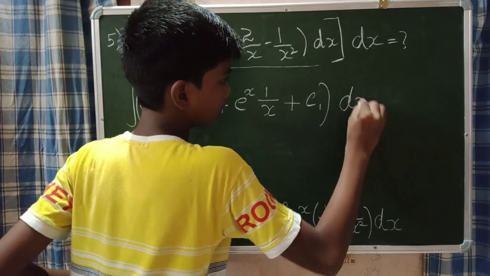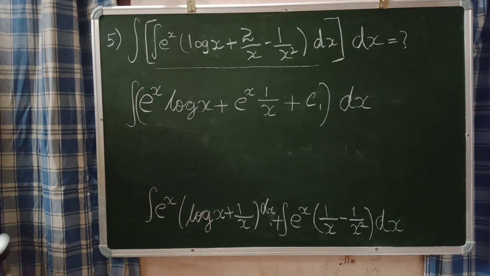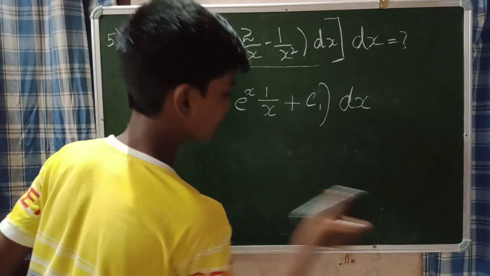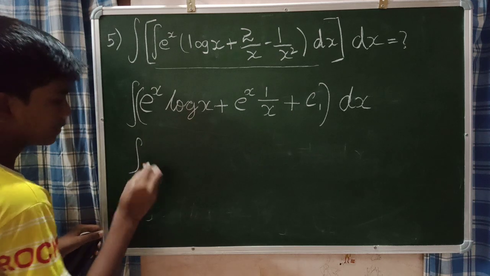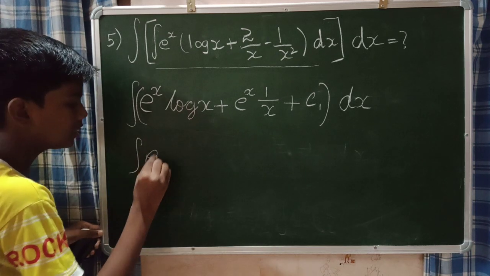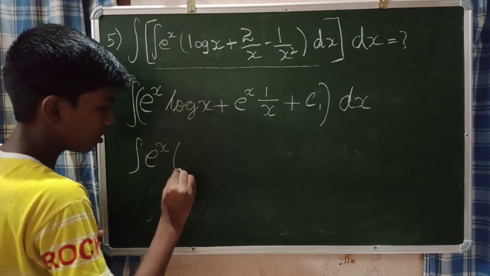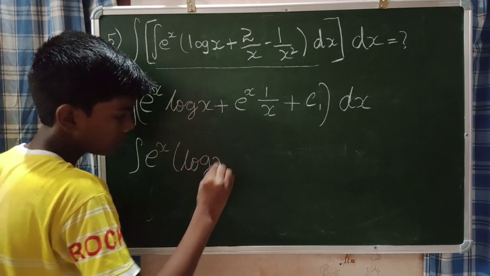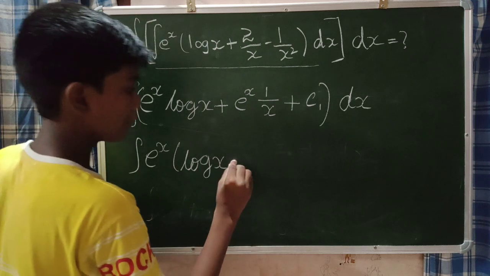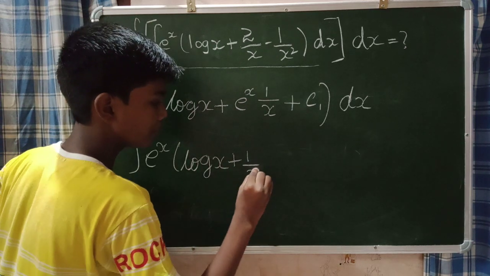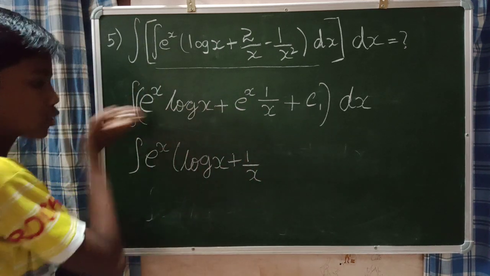dx, okay? Now also it will be easy, guys. Now look here. You can write this as e to the power of x of (log of x plus 1 by x). Now what I am doing is I am just taking the e to the power of x common, okay?